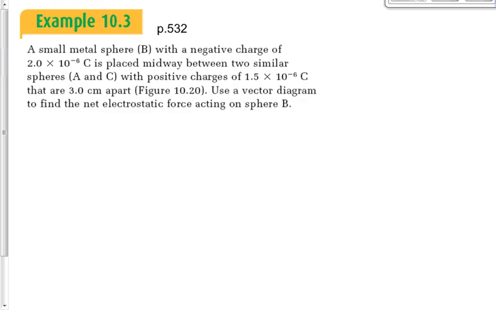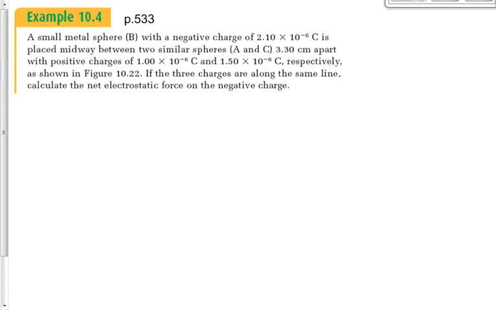How about this one? Actually, let's not do that one. Let's do this one, 10.4. It says a small metal sphere with a negative charge of 2.1 times 10 to the negative 6 is placed midway between two others.